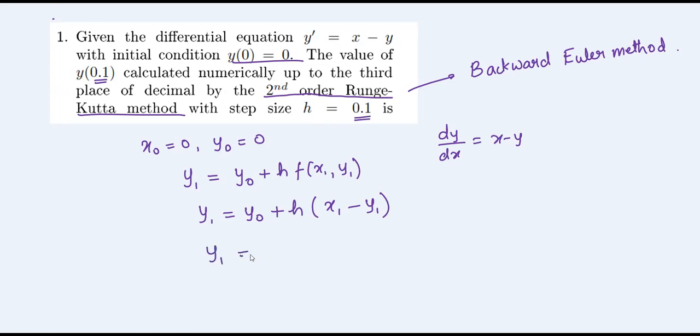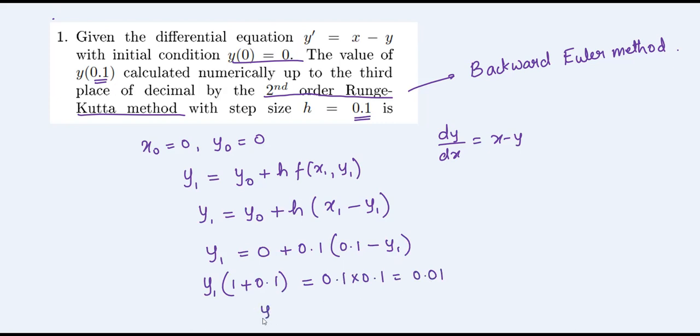So y1 is equal to y naught, which is 0, plus h, which is 0.1, times x1, which is 0.1, minus y1. Bringing the y1 terms to one side, y1 times 1 plus 0.1, so y1 is 0.01 by 1.1.